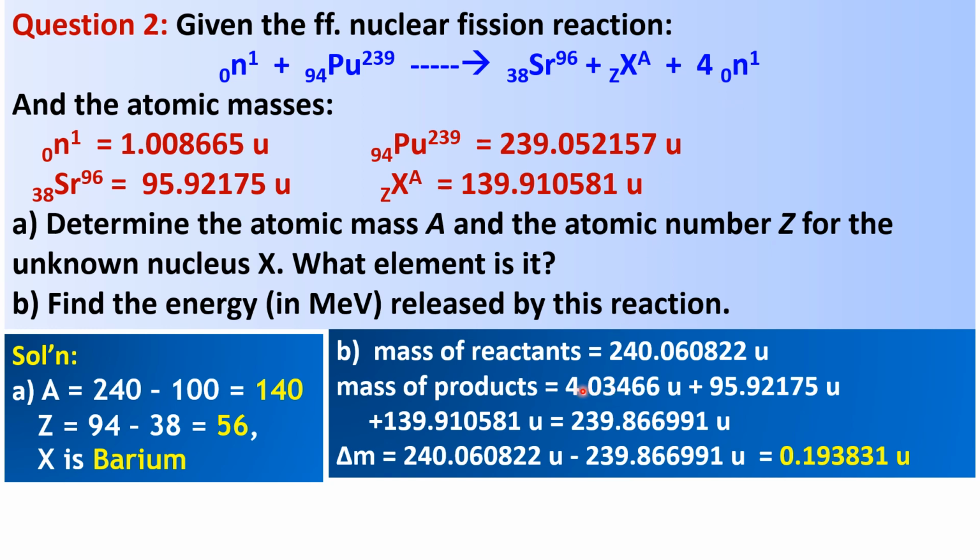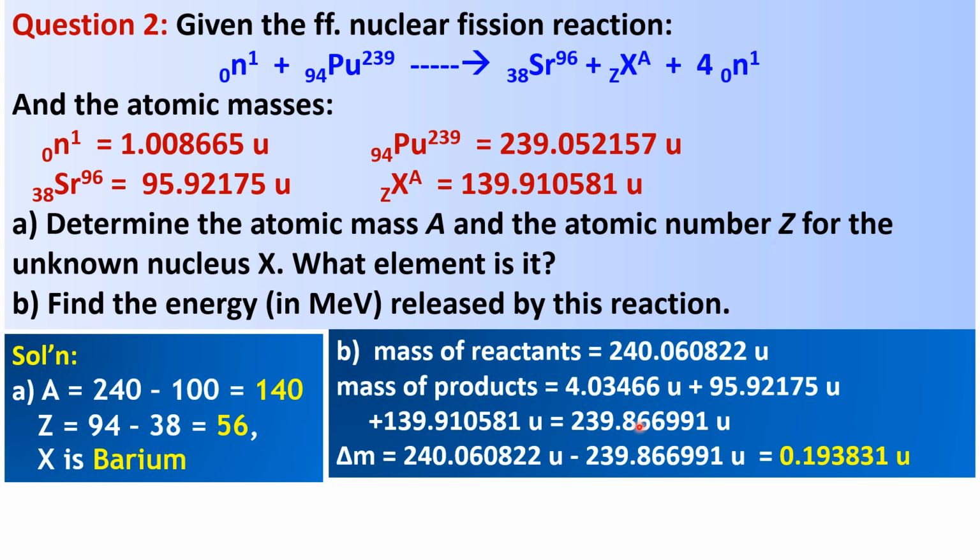That gives us a total of 4.03466 AMU. And lastly, the atomic mass of the unknown nuclide X, which you have identified to be barium. The atomic mass of barium is 139.910551.